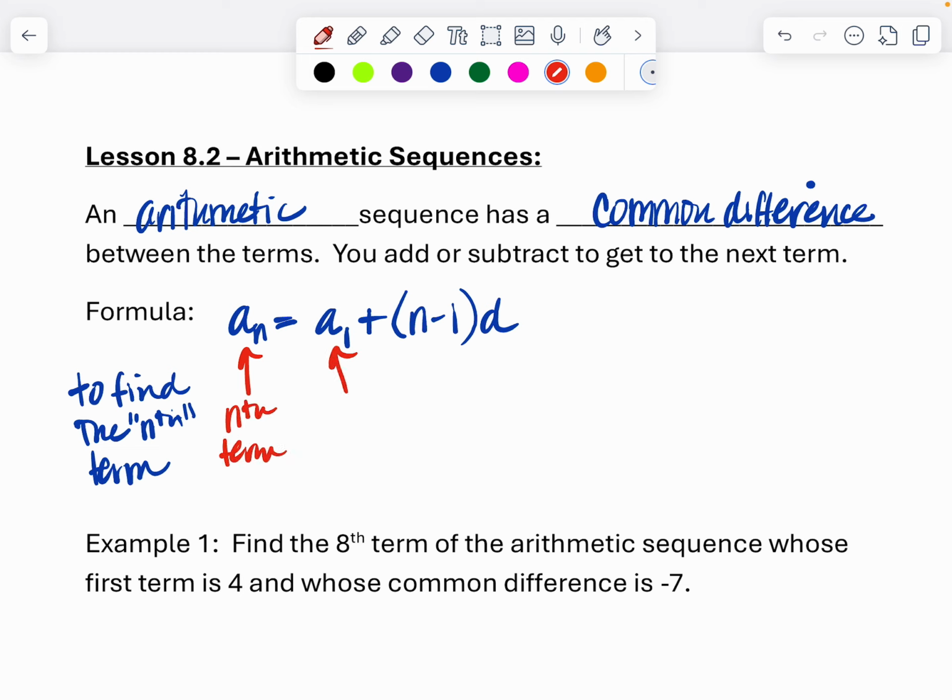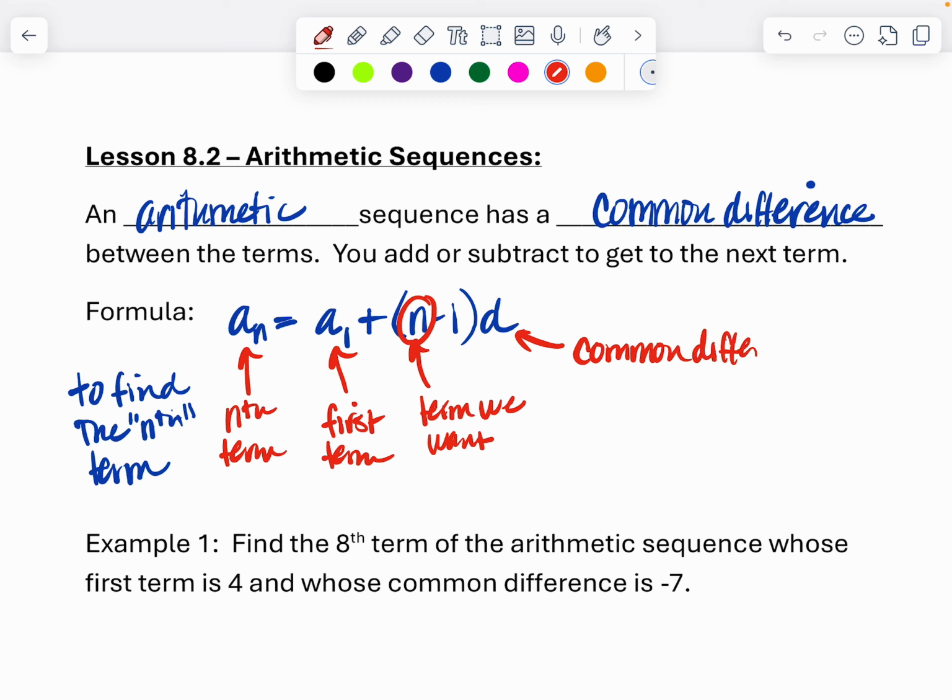A sub 1 is the first term. N is the term we want. And D is the common difference. That's how much you add each time to get to the next term.